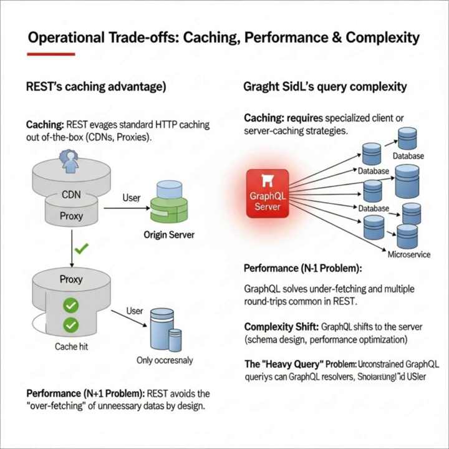A single complex GraphQL query can place immense load on your server, potentially joining data from multiple databases and services. This requires robust server-side implementation with features like query depth limiting and cost analysis to prevent abuse. The complexity doesn't disappear. It simply shifts from client-side orchestration in REST to server-side resolution in GraphQL.